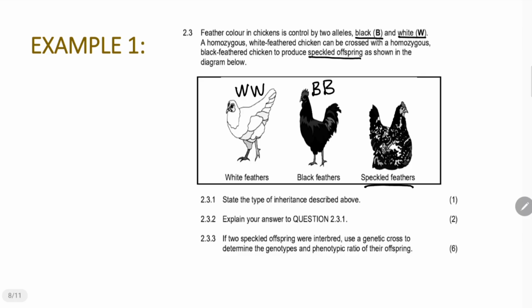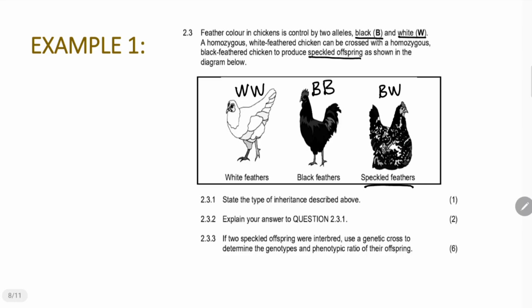Since we know that the genotype is expressed by two alleles and one allele is coming from each parent respectively, it tells us that the genotype for this speckled chicken can only be capital letter B, capital letter W. The capital letter B coming from the black chicken, the capital letter W coming from the white chicken. Right? So in these speckled feathers, we see that black feathers are equally expressed with white feathers. As such, this is a type of codominance.